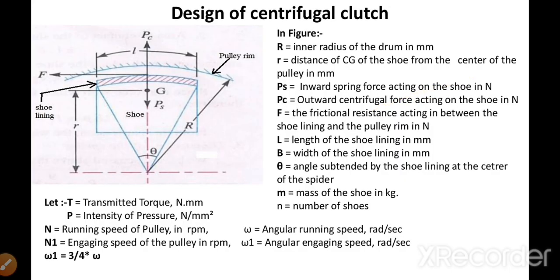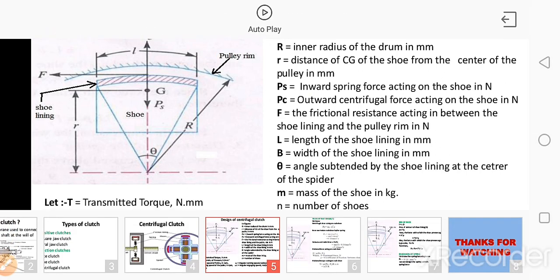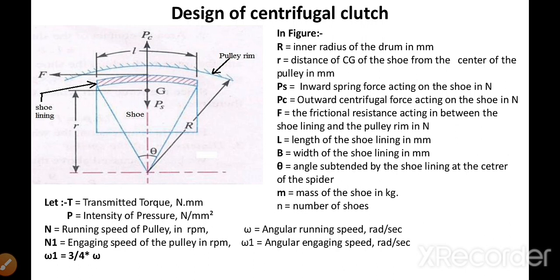So let's see the design of a centrifugal clutch. In this figure you can see one shoe of the centrifugal clutch. This is the shoe, and the portion of a pulley rim is shown over here. Now let's see all the different parameters shown in the figure.